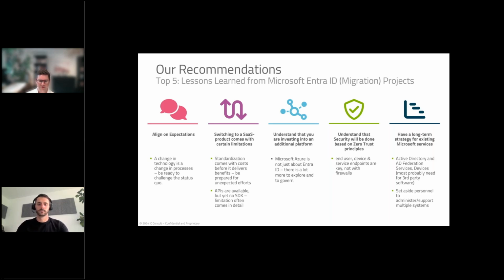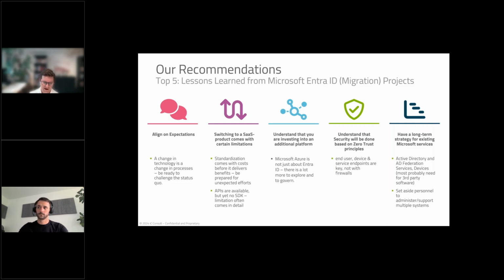Especially when switching to a SaaS product, which Microsoft Entra is, you have to keep up with standards. And standardization firstly comes with additional costs before it delivers benefits. What we often see is an underestimation in terms of standardization and what you need to do when moving to a product like Microsoft Entra.